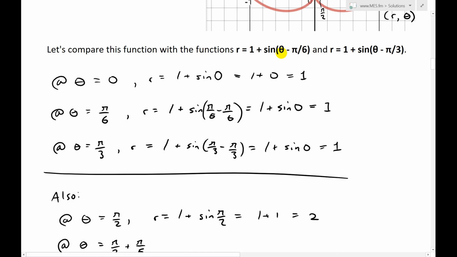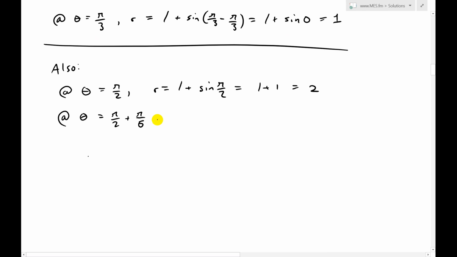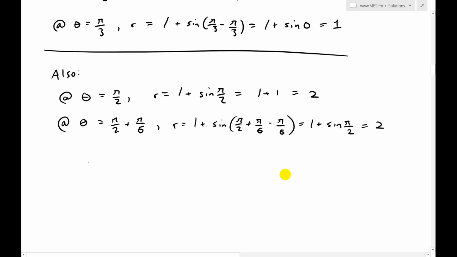So we get r equals 1 plus sine of pi over 2 plus pi over 6 minus pi over 6. These cancel. This just equals 1 plus sine pi over 2, like that, which is just this part. That's just 1 plus 1 equals 2. So there we have it.